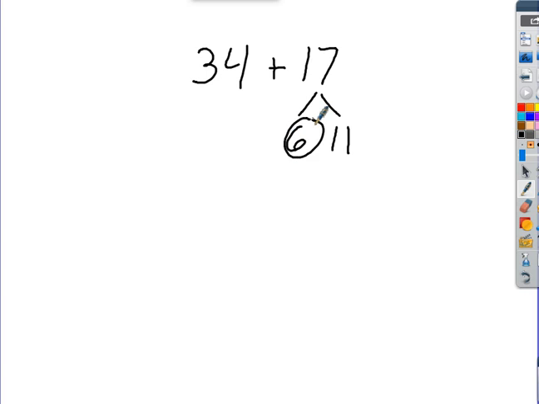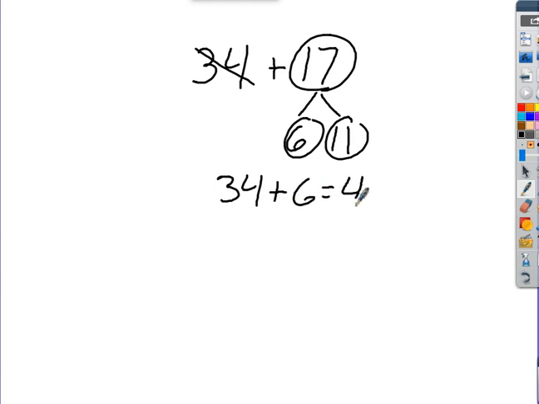So let's do this with 34 and 17. Well, 4 plus what will get us to our next 10? 4 plus 6. So we're going to break our 17 into a 6 and an 11. 34 plus 6 gets us to 40.